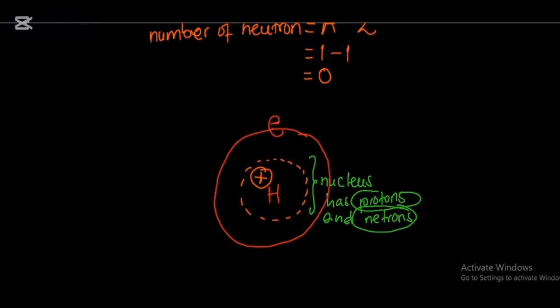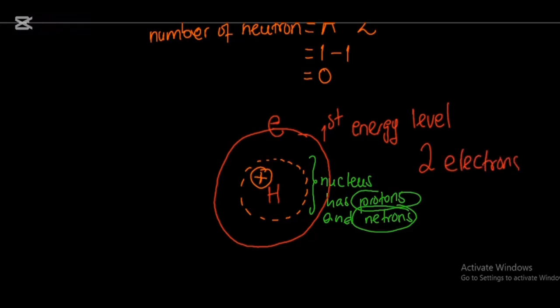Hydrogen has only 1 energy level, which is the first energy level, and this energy level is filled by just 2 electrons. So for hydrogen to be full, it's running short of only 1 electron, not more than 1 electron.